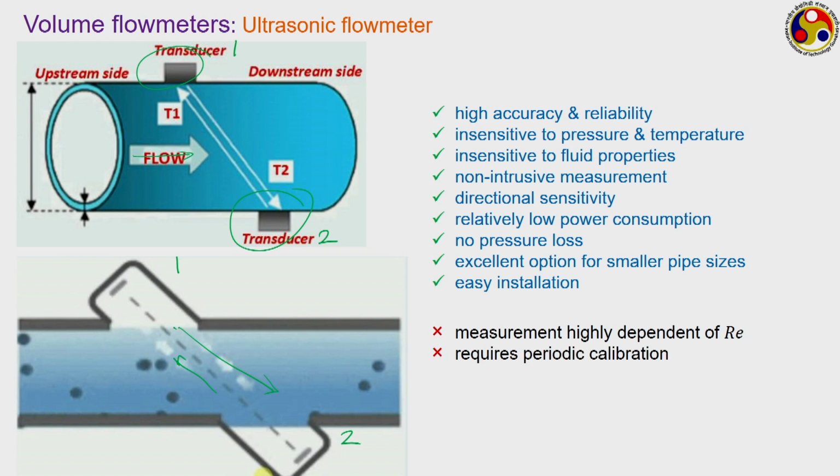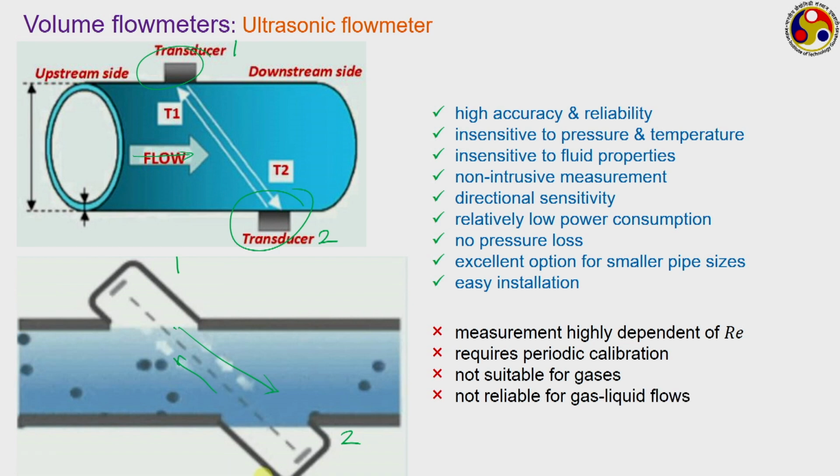Periodic calibrations are required, and they are not at all suitable for gases, because in gases the sonic velocity will be quite small and it may become quite difficult to sense the time difference. But for liquids, where the sonic velocity itself is much larger, they are a much better option.